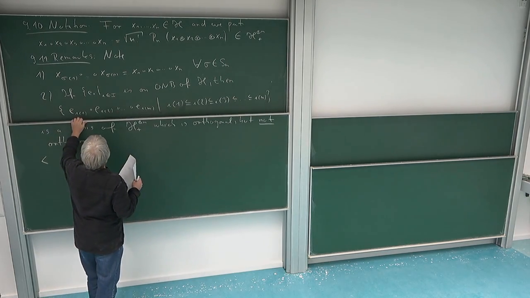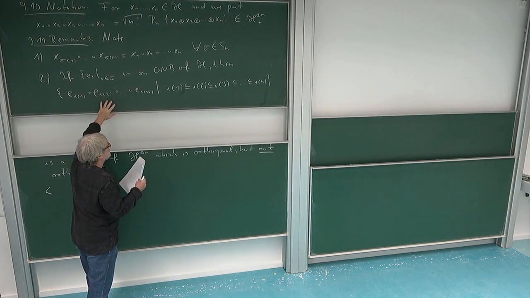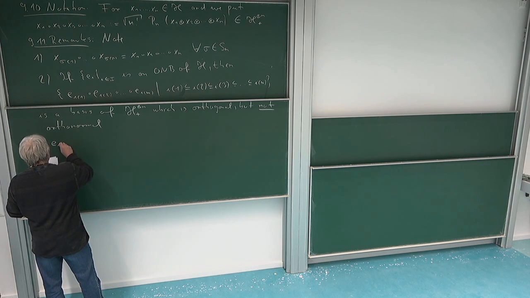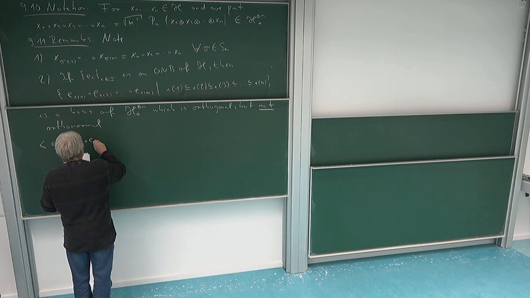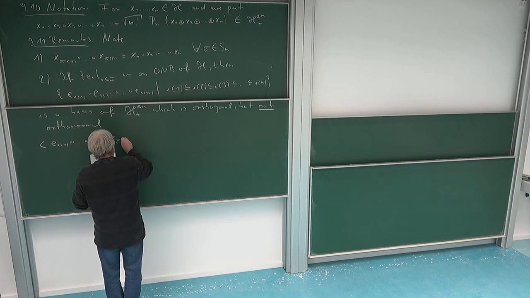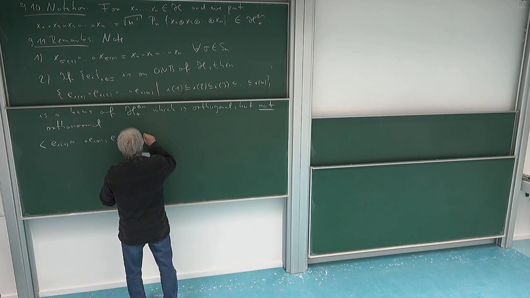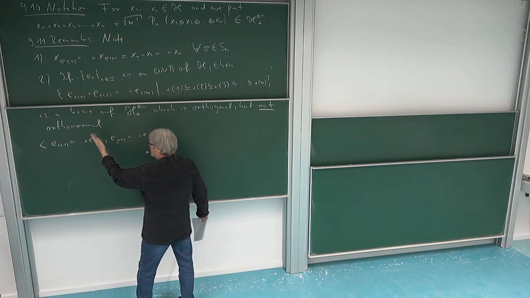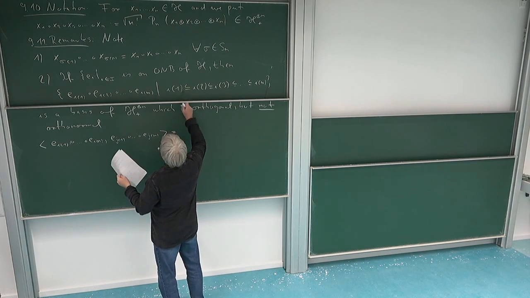The one index tuple I call I and the other I call J. So I want to see what is the inner product between e_{i1} circ, and so on, circ e_{in}, with another guy of this form, which I write the indices as j1 up to jn. So this here is an increasing sequence of elements from I, and this is also an increasing sequence of elements from I. And now let me just put in a definition.